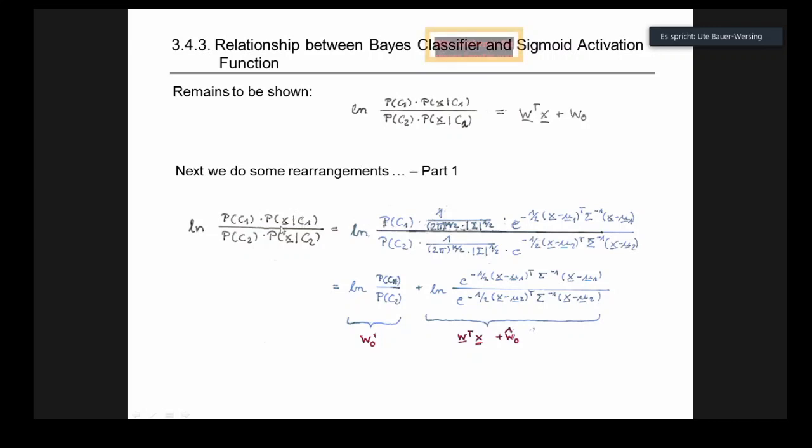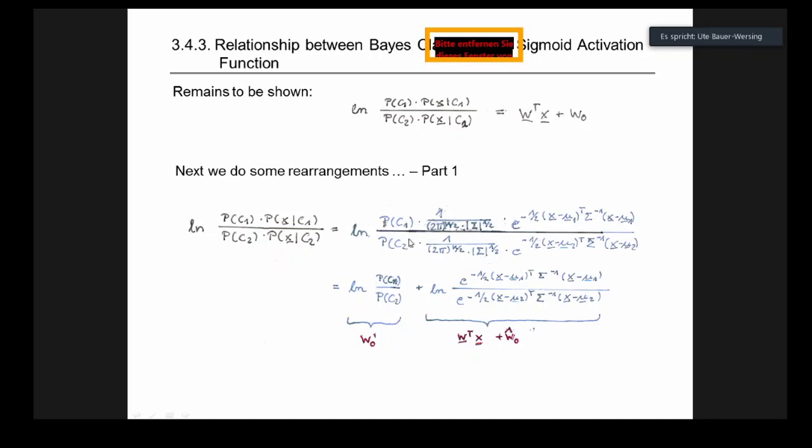But what we are now doing is we are substituting this probability value by a concrete formula, by taking the multivariate normal distribution that we introduced. This looks like this, and we take the same parameterized probability density function with the parameters for class 2 to calculate the likelihood in the denominator.